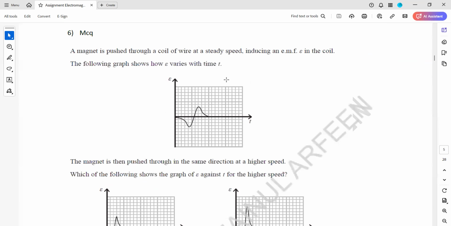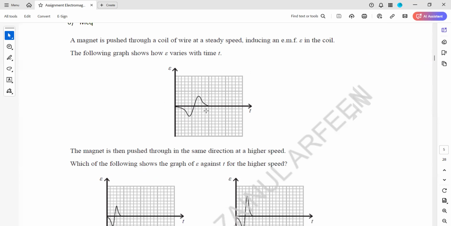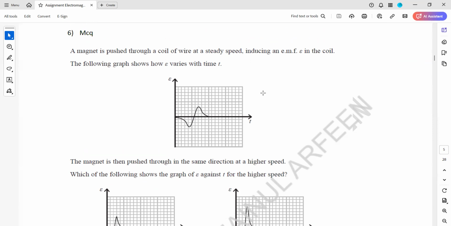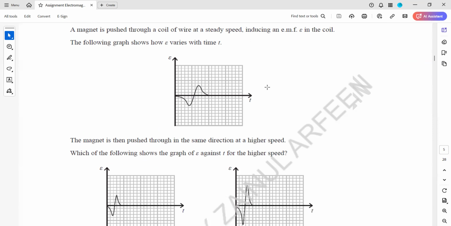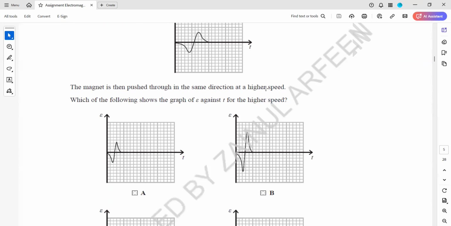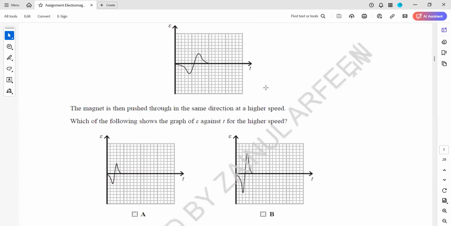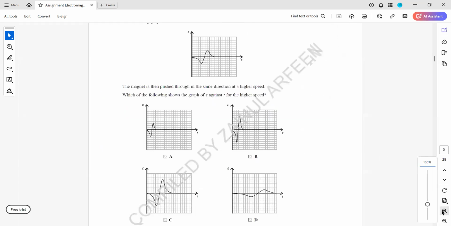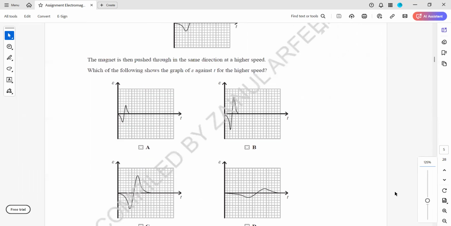In question 6, the magnet is pushed through a coil of wire at a steady speed, which induces EMF. You can see this, we did yesterday. And the direction of the induced EMF is different as it is moving, first towards the center and then away. The magnet is then pushed through in the same direction at a higher speed. So first thing, if it is pushed at a higher speed, what will happen? The time interval will be shorter than what it took.